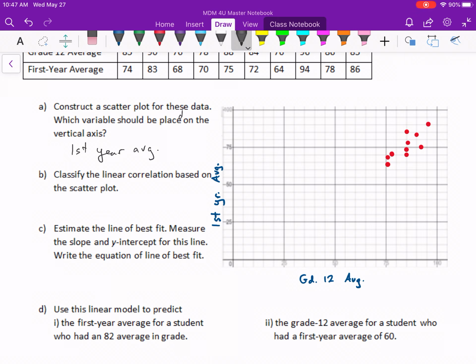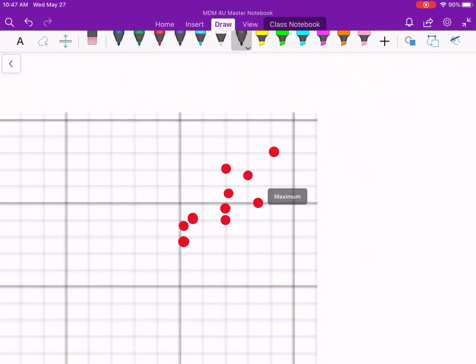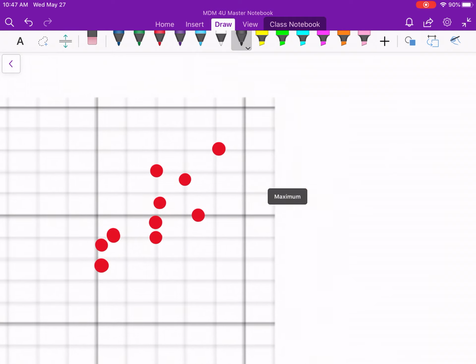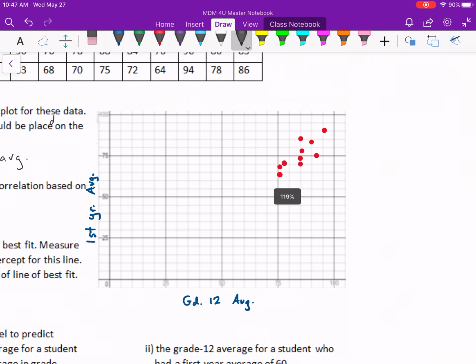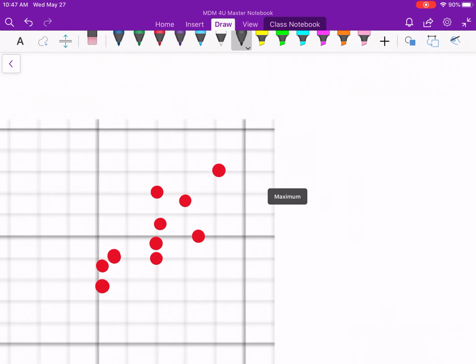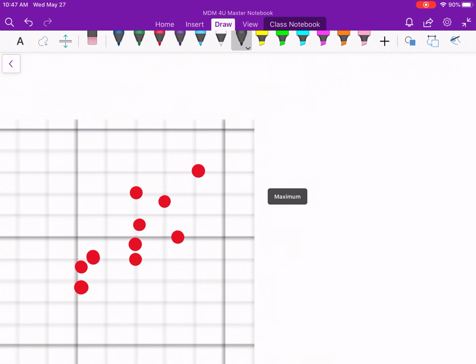Classify the linear correlation based on the scatter plot. Remember, we can look at a scatter plot and get an idea of what's going on just from a glance. To me, it's pretty clear. These are tightly grouped data. Even if the graph had been spread out more, these dots are still close together. In other words, we didn't have to have this grid go all the way down to 0. Even if we just cut it off at this part, you'd still make a good argument that these points are grouped closely together.